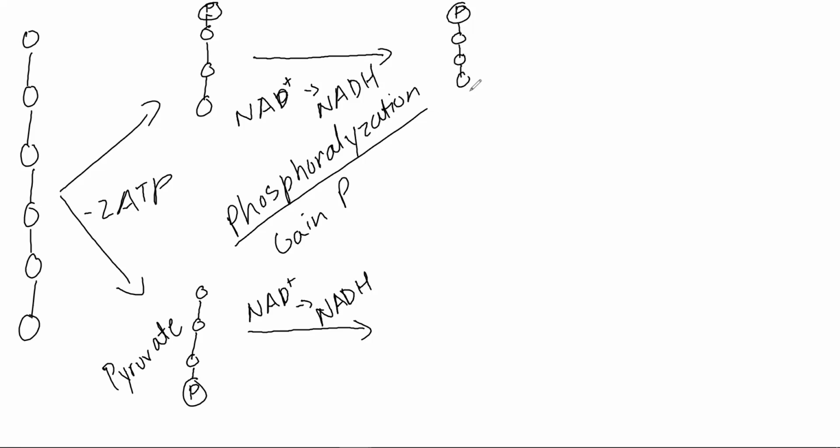And when it phosphorylizes, it's going to look like this. So you got your 3 carbons and you got a little phosphorus on the end. Same thing on this side. There's a phosphorus on one end, 3 carbons in the middle. There's a phosphorus on that end. Does that make sense?